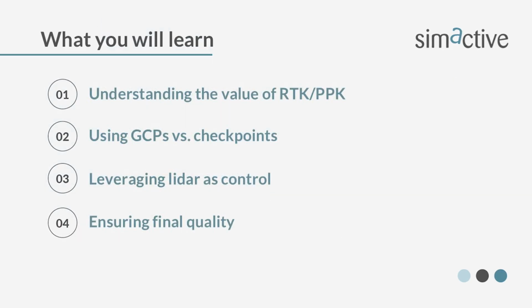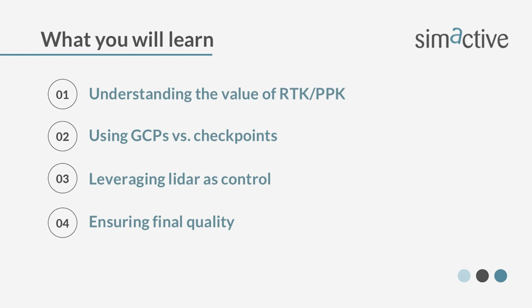All right, so let's get started. Today, we are focusing on how to reliably achieve photogrammetric accuracy from acquisition to final validation. So here's what we'll cover. We'll go over understanding the value of RTK and PPK, using GCPs versus checkpoints, one or the other, or both, or not at all, actually.